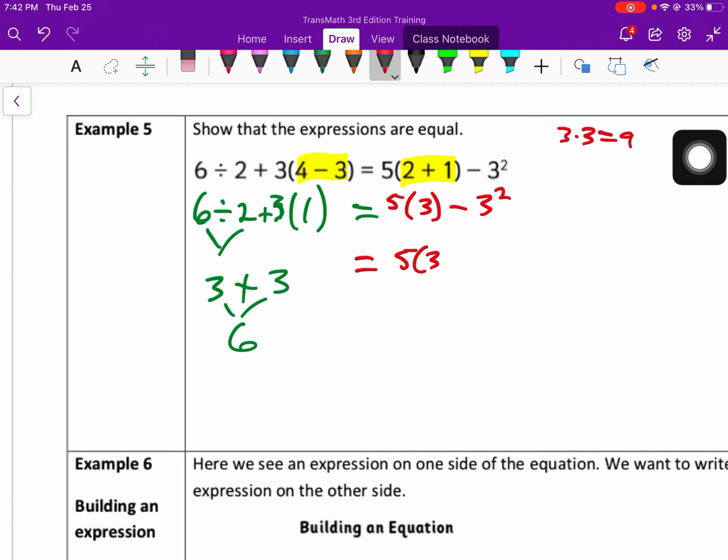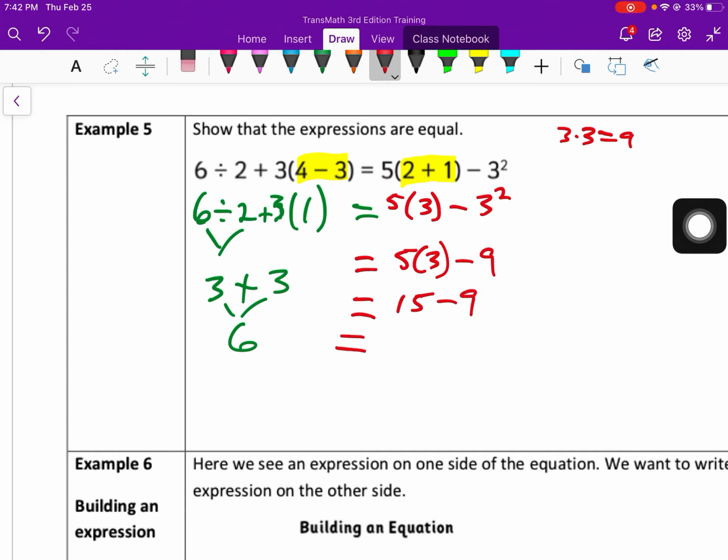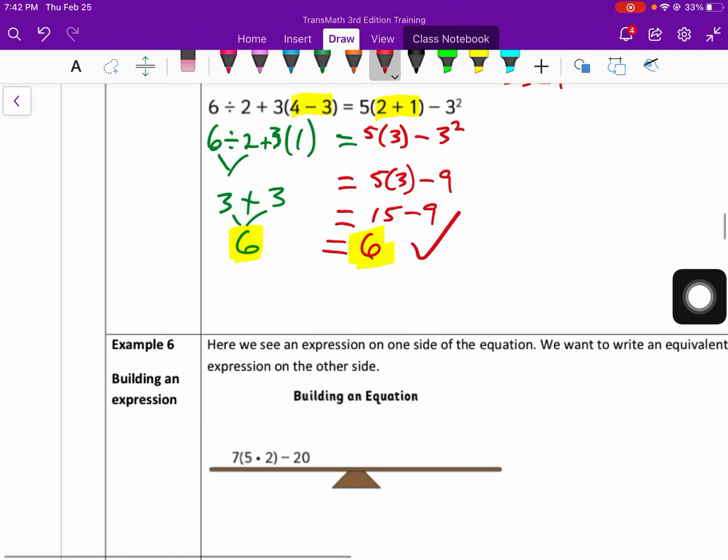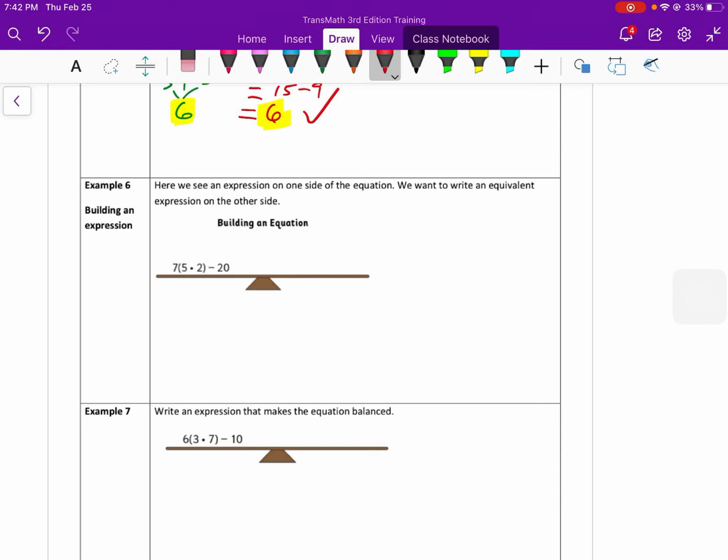So we have 5 times 3 minus 9. Next, we will do 5 times 3, which is 15 minus 9. And 15 minus 9 is 6. Great. So again, when simplifying, we showed that this side equals 6 and this side equals 6. So both sides are equal, so the expressions are equal.